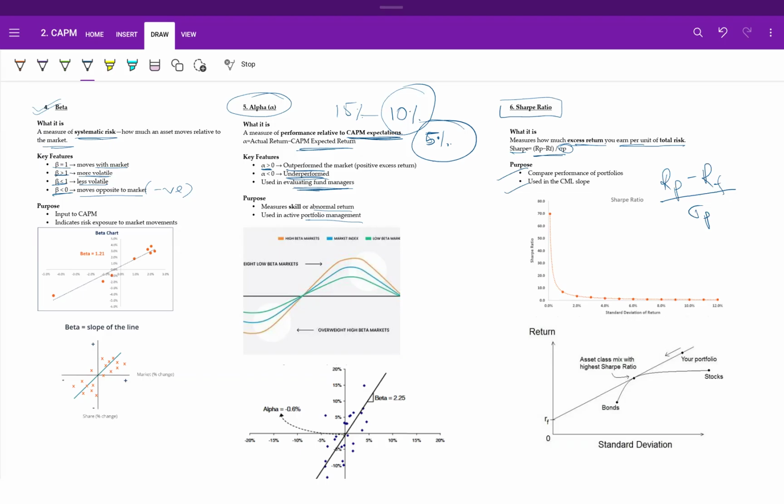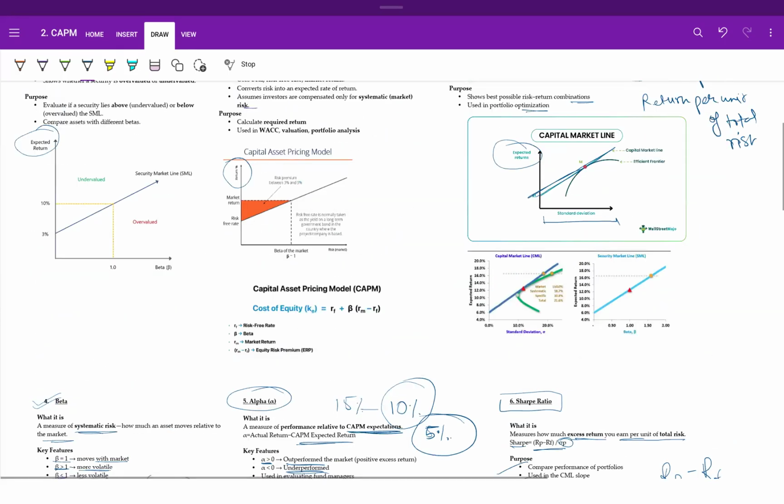Okay, so if you look at the diagram here, it's about standard deviation, which is the total risk. They are talking about the total risk when we are talking about the Sharpe ratio, and on the y-axis, it's again the returns. In all of these diagrams, the y-axis is always the return, and the x-axis is always the standard deviation, or it's always related to the beta.